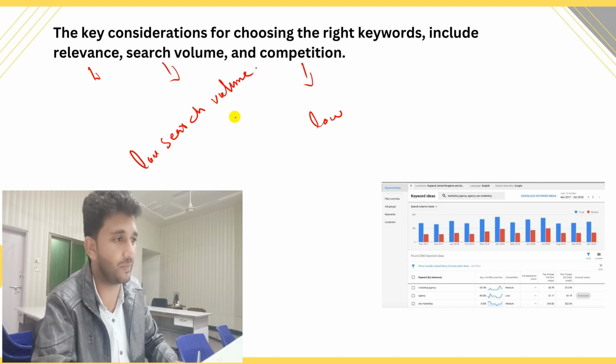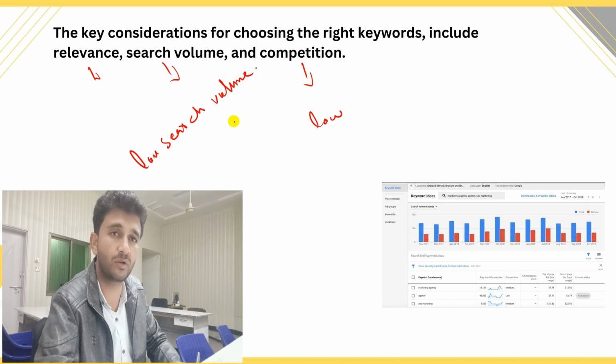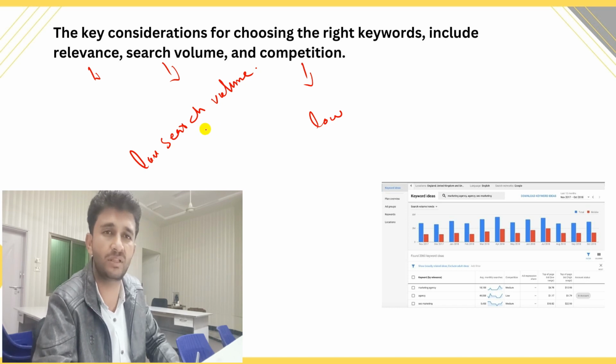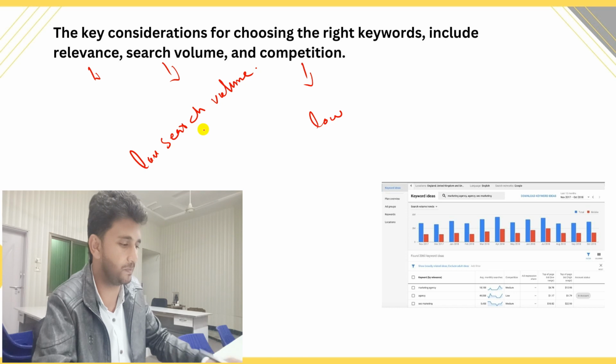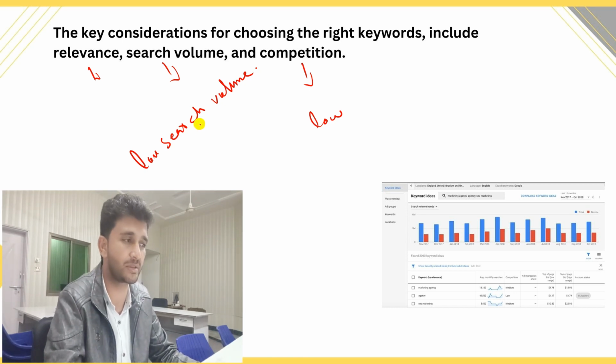But usually we see that high volume keywords are highly competitive. So you just need to target low volume keywords because big giants are not targeting these keywords, so you have many opportunities to rank. These are the three important considerations for selecting the right keyword for your next article.